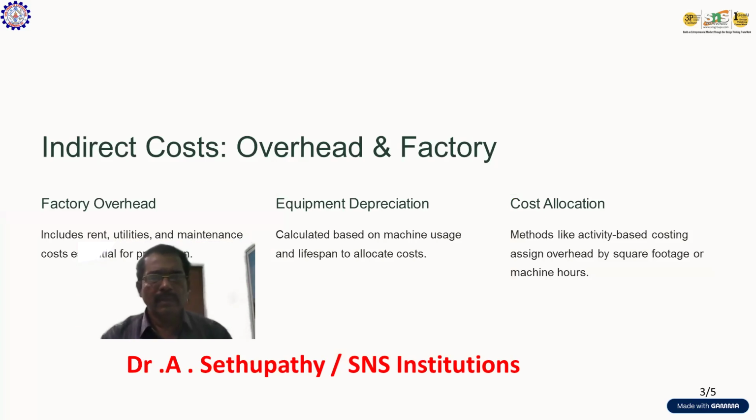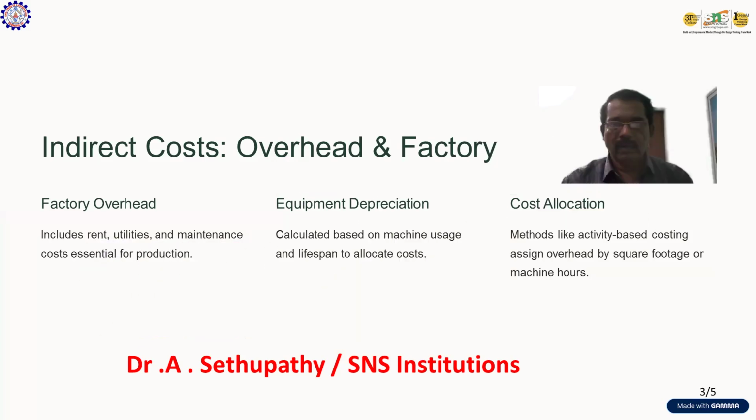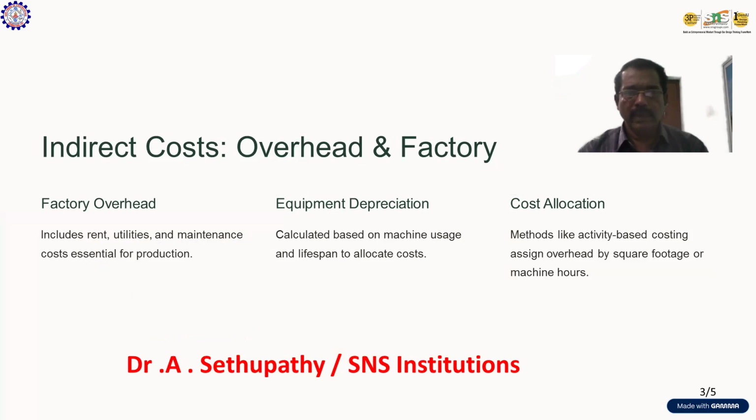Now the indirect costs. I already explained which areas are included in the indirect costs. Indirect cost means the factory overhead cost, which includes rent.